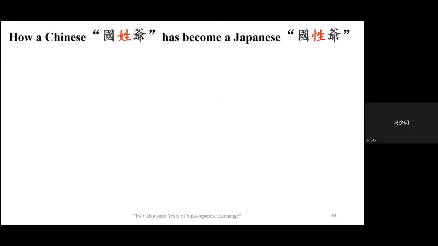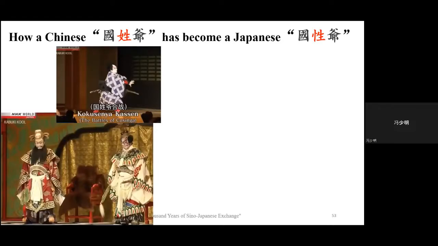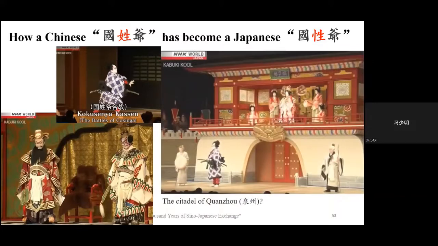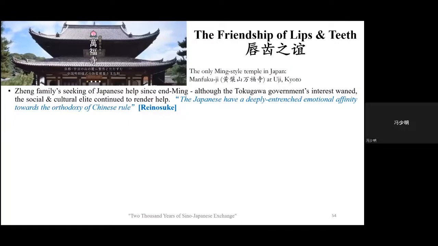How the Chinese Guoxingye becomes a Japanese Kokusenya, and we can see some kabuki elements. Looking at this screen, you can see it is a picture of Quanzhou. So Chinese culture has been so thoroughly absorbed into Japan that even a Chinese person has become a Japanese person. This is the extent of the absorption.